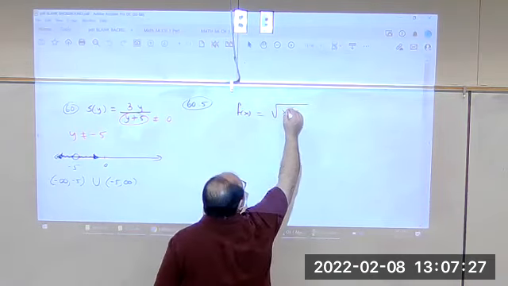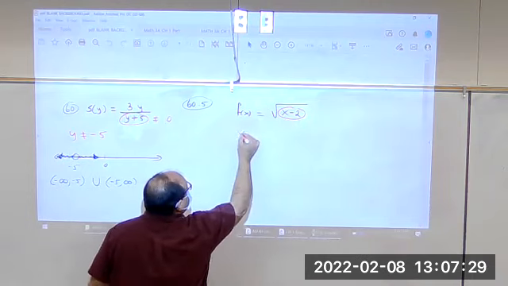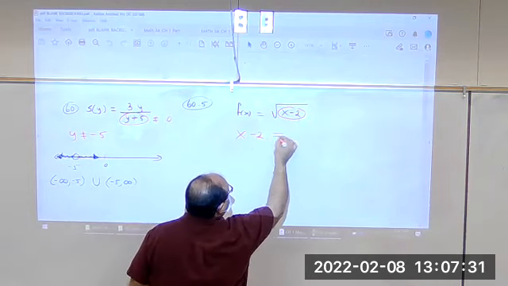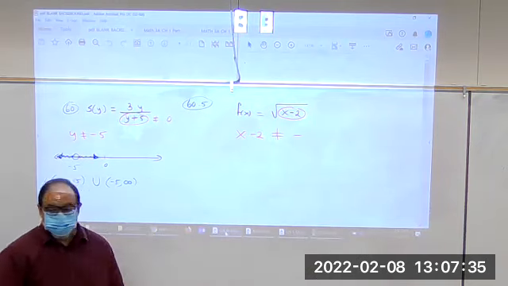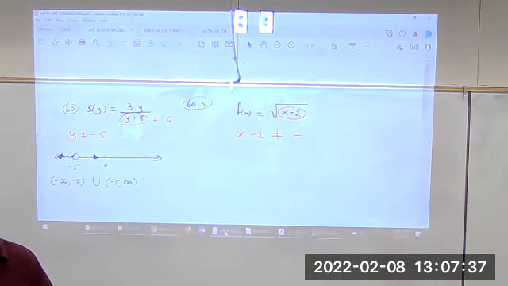Here, x minus 2 cannot be negative. I don't know how to solve something where it just can't be negative. So let's think. If it can't be a negative, what can it be? 0 or greater, or positives.